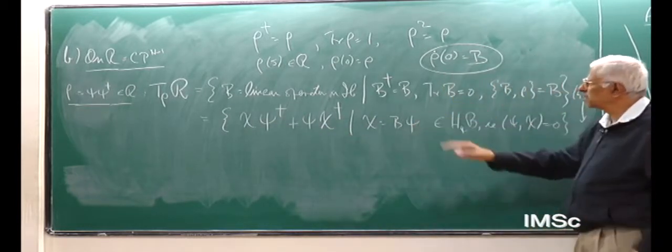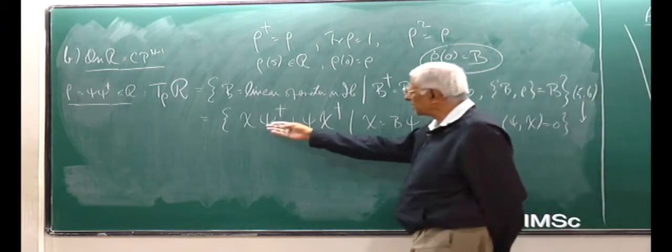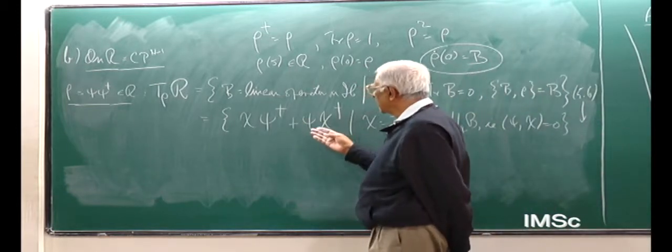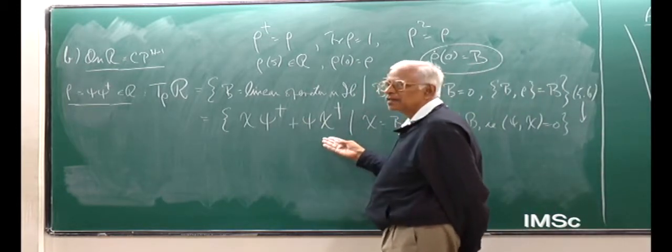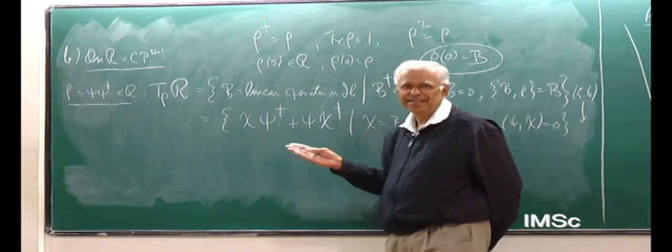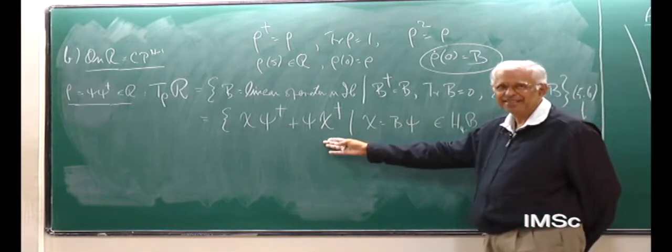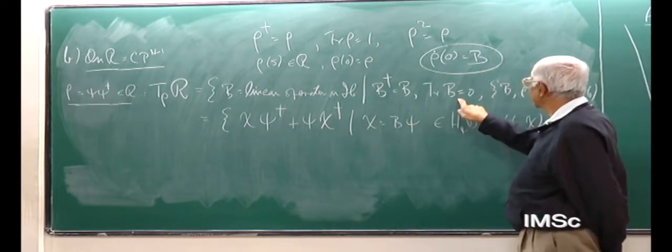Is the trace of this 0? This is an operator on Hilbert space. What is the trace of this? Therefore, this has 0 trace. So this condition is satisfied.